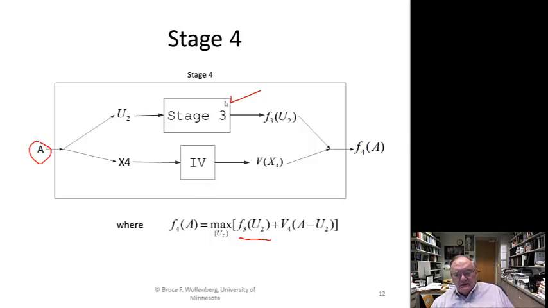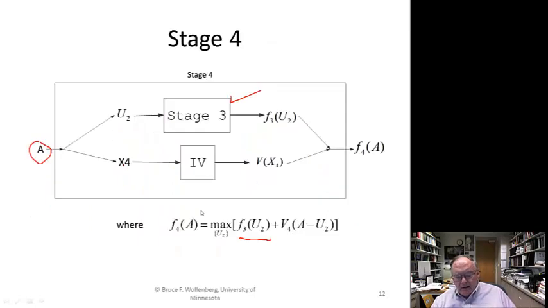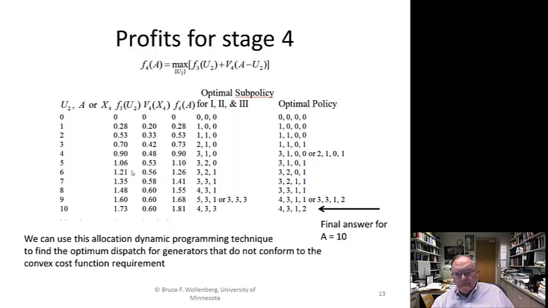Now that's F3 of U2, this table, plus V4 of A minus U2. So if U2 comes up here, then this amount down here, X4, is A minus U2.